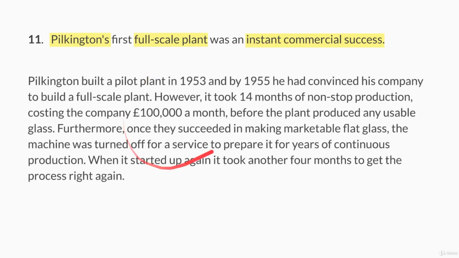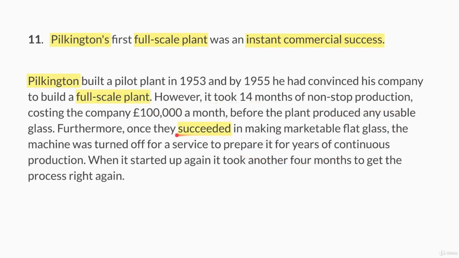So here is our paragraph, and this is the same paragraph that you saw for the previous question, and I've put the same paragraph here because you're going to find the answer in the same paragraph. So we're going to first look for our keywords. The word Pilkington appears here, and the keyword full-scale plant appears here. So we found two of our keywords right here. Let's see if we can find anything else.